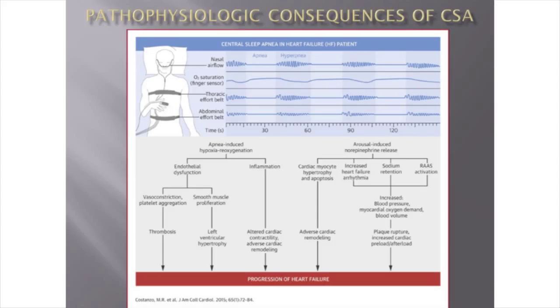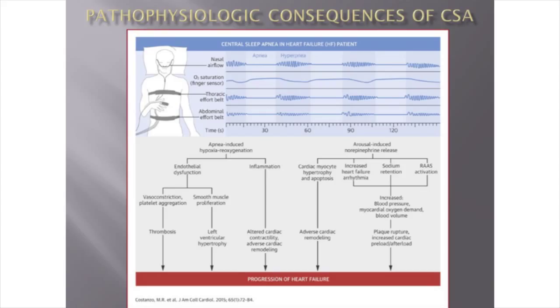In addition, there is an arousal-induced norepinephrine release with all the consequences of activation of the renin-angiotensin-aldosterone system, which is associated not only with hypertrophy but also with apoptosis, increased arrhythmia, sodium retention, and further activation of the renin-angiotensin-aldosterone system.